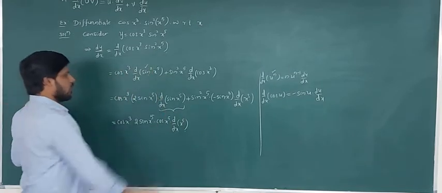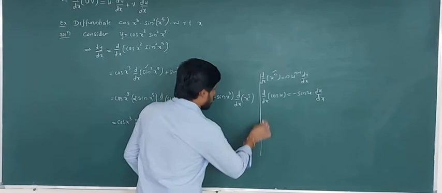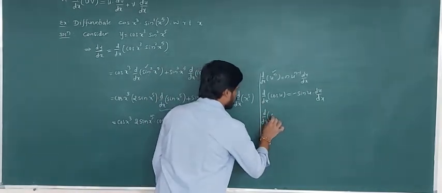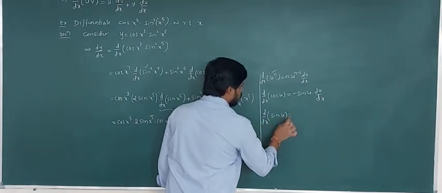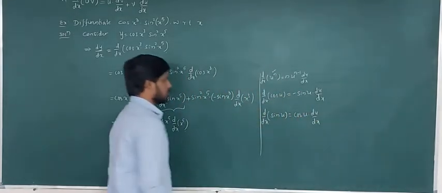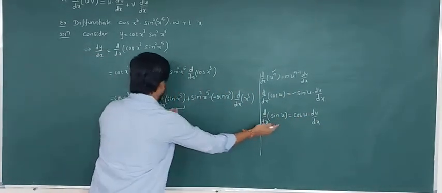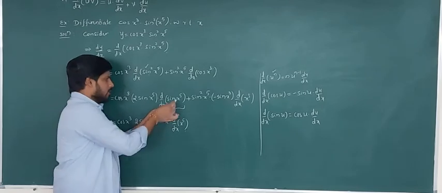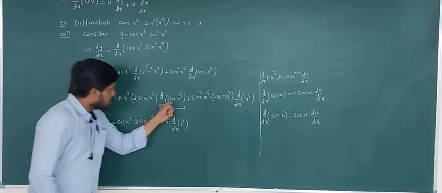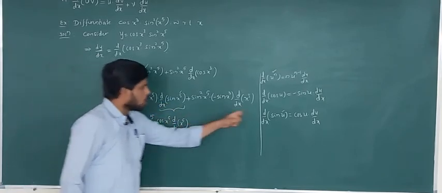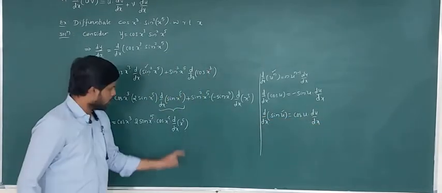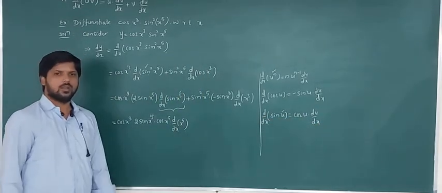Because in this function, I am going to use one more formula, that is d by dx of sin u equals cos u into du by dx. Now compare these two. In place of u, we have x to the power 5. So sin differentiation is cos u, cos x to the power 5 into du by dx, that is d by dx of x to the power 5.